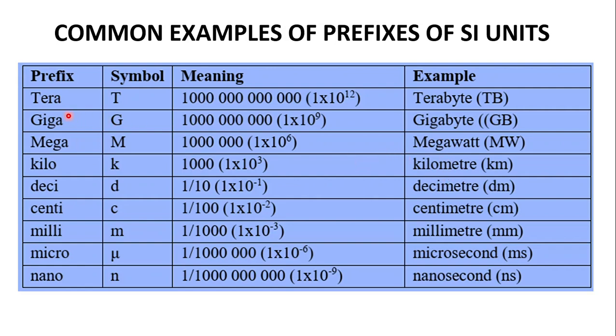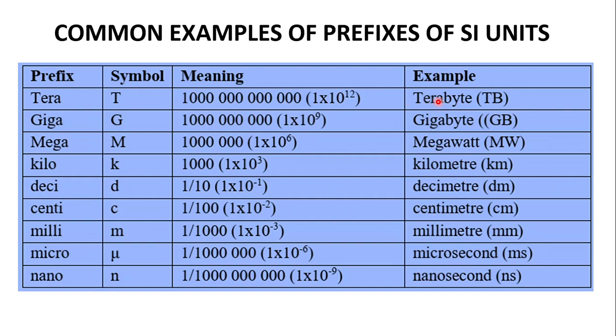A tera, represented by the symbol T, capital T, means 1 multiplied by 10 to the power 12, with 1 and 12 zeros. That's a tera.